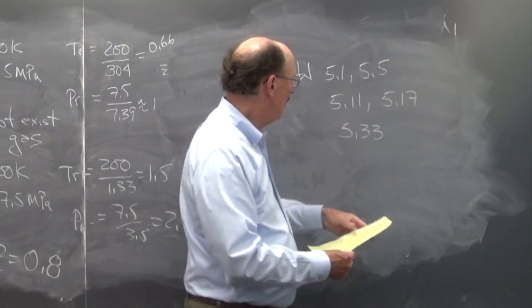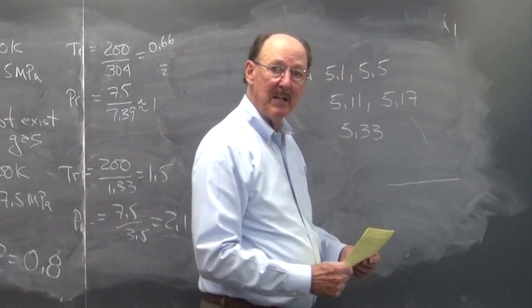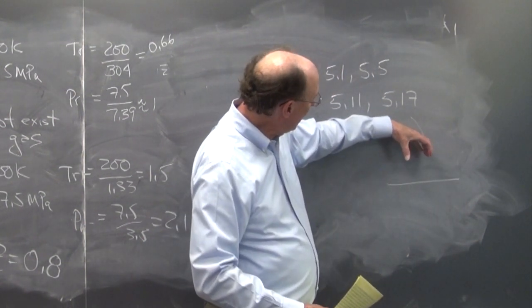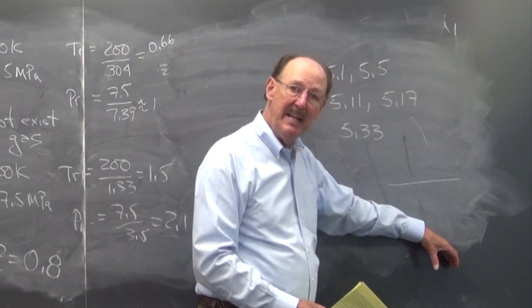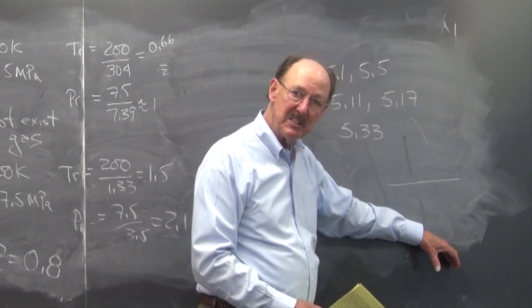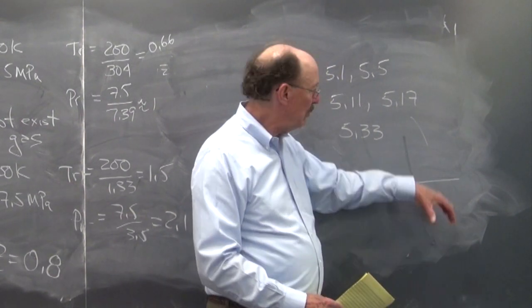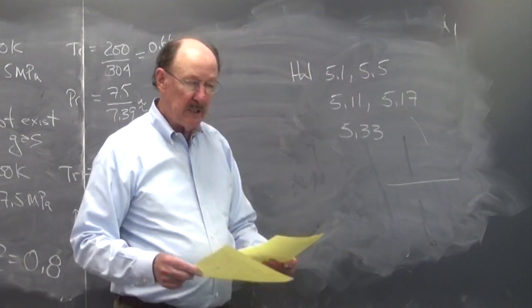So for 5.17, I have a surface, I have a can that's filled with air, and then I push it down, and the air becomes compressed, and temperature is constant, or in thermal equilibrium, so that means it's constant at all times. And so we want to be able to evaluate that. So look at those problems.